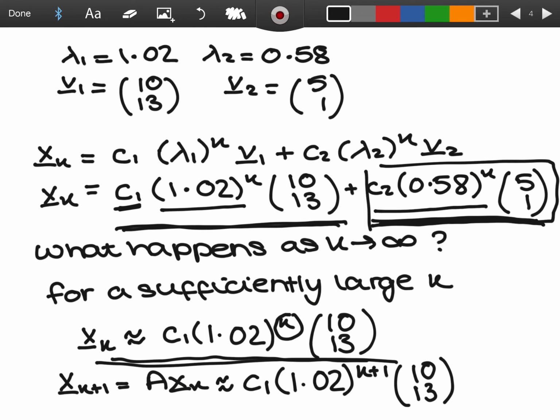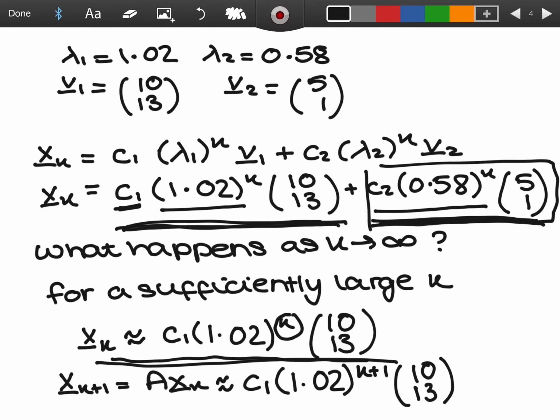This means it is always that dominant term with the eigenvalue of magnitude greater than 1 that is going to dominate the system, and that's what the kth iteration is going to tend to as k goes towards infinity. So if you ever have a system with one eigenvalue with magnitude greater than 1 and all other eigenvalues with magnitude less than 1, it's going to tend towards that one dominant term.